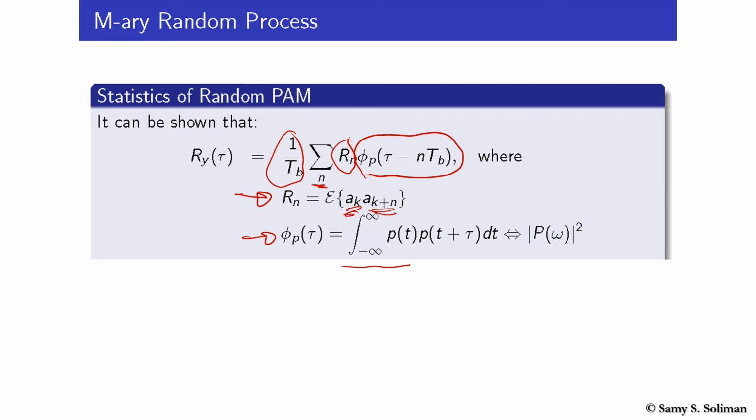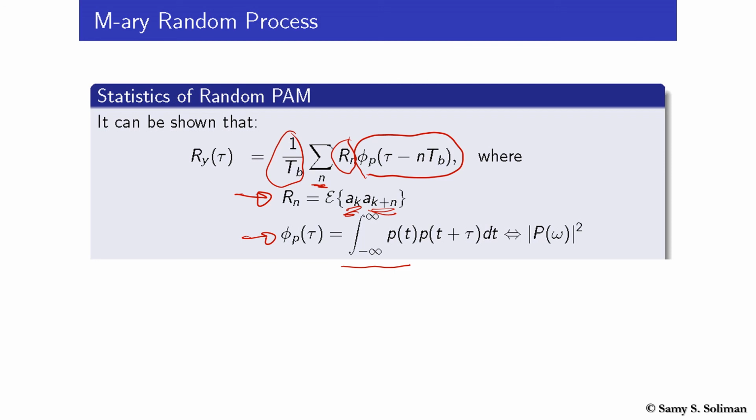Again, the randomness in the M-ary train of pulses is in the amplitudes of the pulses and their time shift. It is not in the shape of the pulse itself.